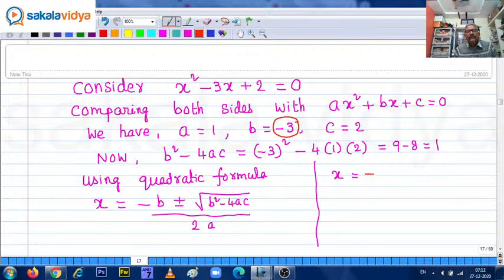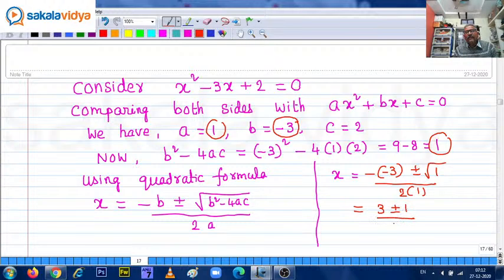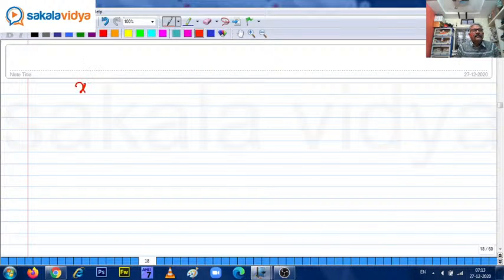So we write minus of minus 3 plus or minus root of 1, upon 2 into 1. So negative into negative is positive 3 plus or minus root 1 means 1, upon 2. Therefore we get x equals to 3 plus 1 by 2, or x is equal to 3 minus 1 by 2.